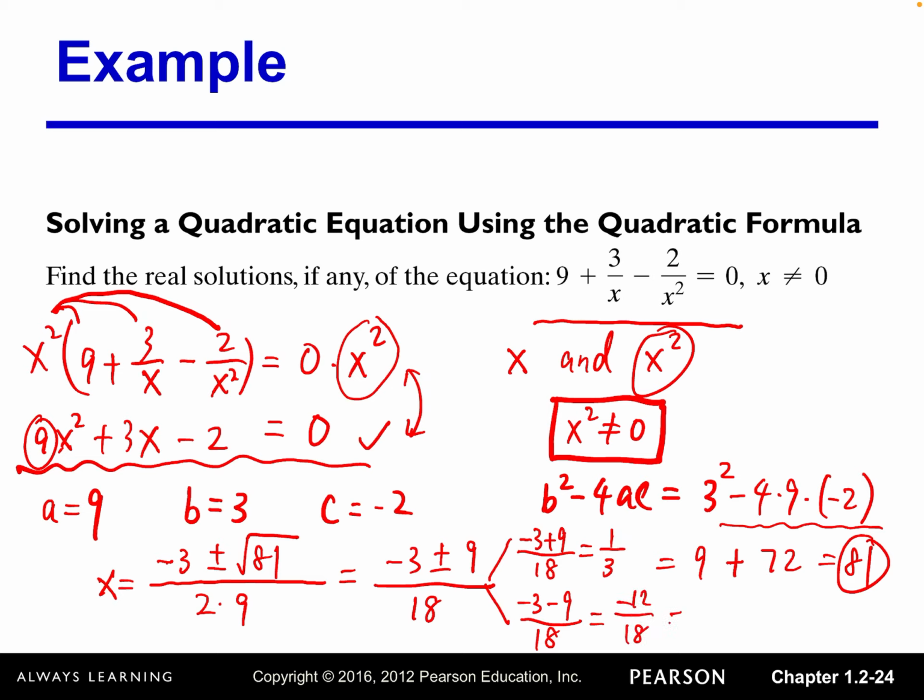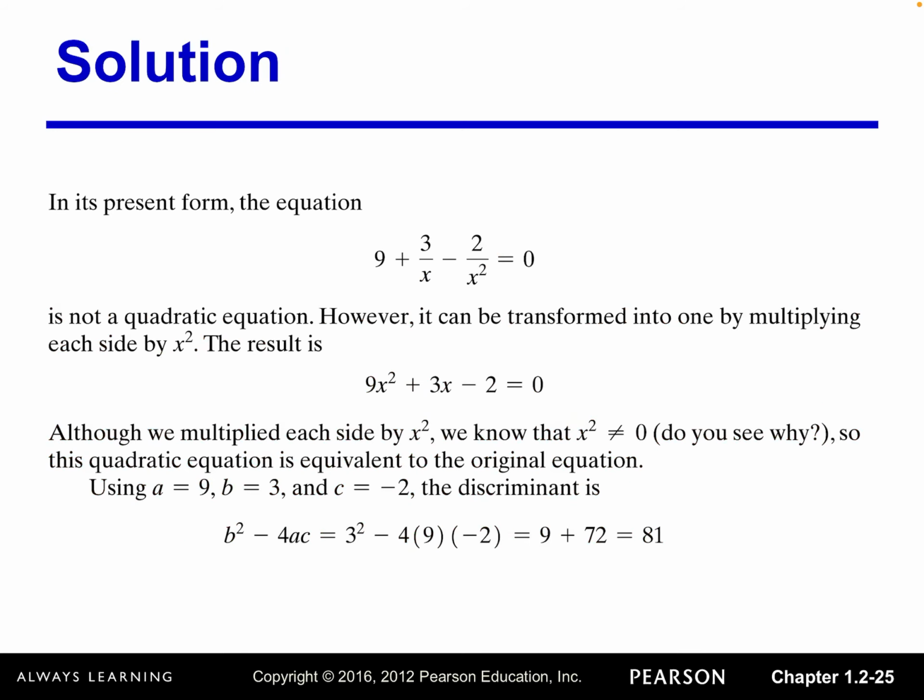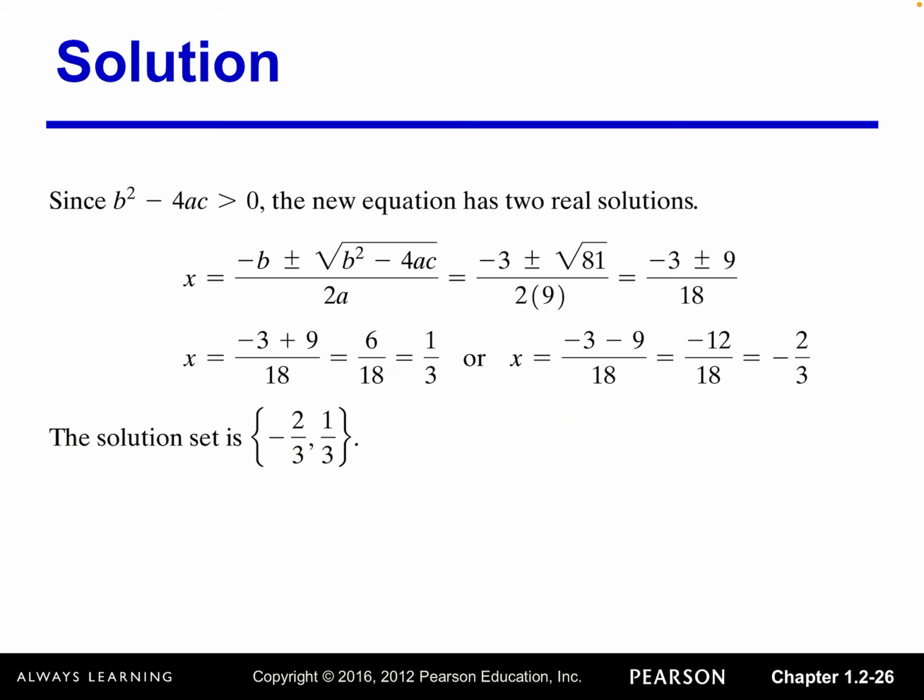Negative 12 over 18 simplifies to negative 2/3. So two solutions here. One equals positive 1/3. The other is negative 2/3. So you can look through this process I just did, okay?